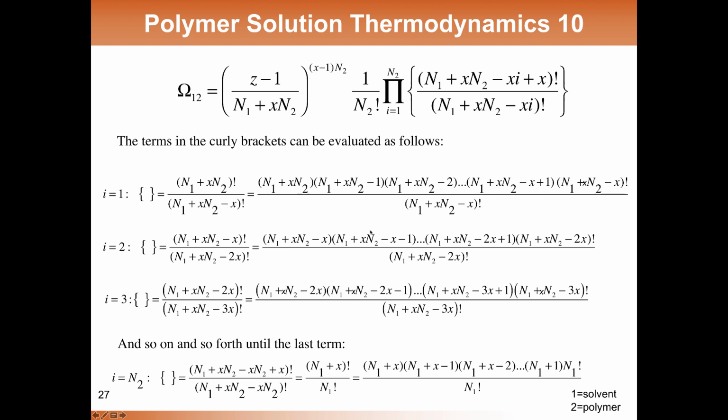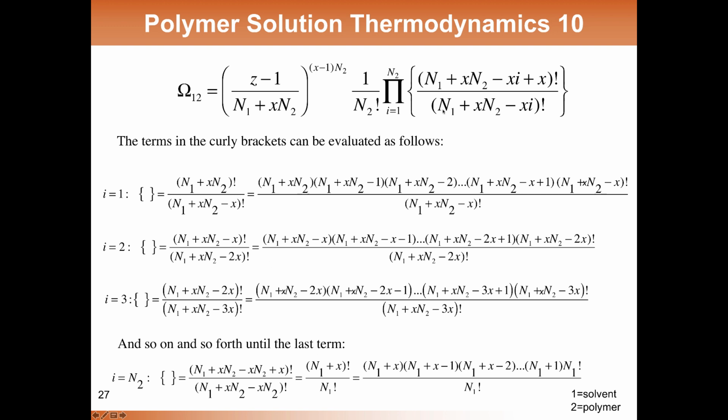And this next simplification, if I just write it out directly, it's not quite clear how it happens, and so I'll write out several terms of this product sign, starting with i equals 1, 2, and 3, and then jump all the way to the end, where i is equal to the final polymer molecule going down on the lattice.